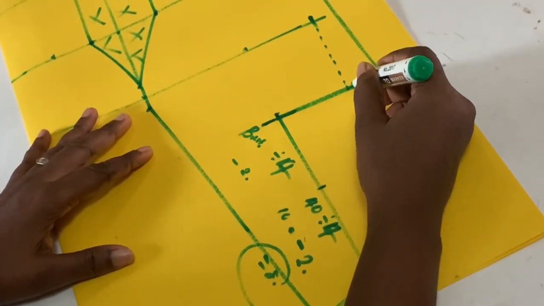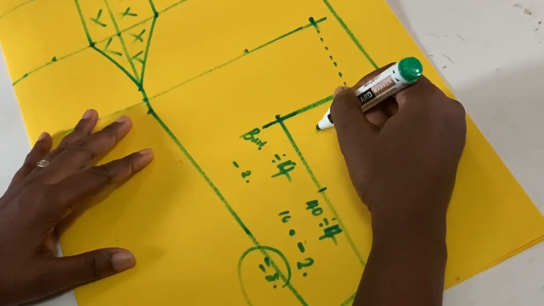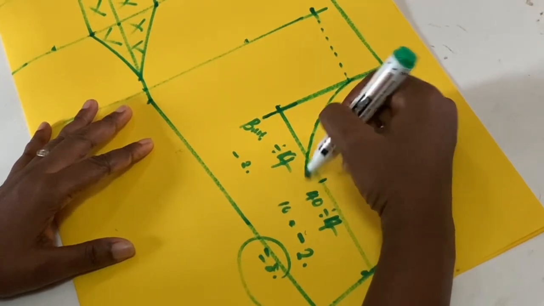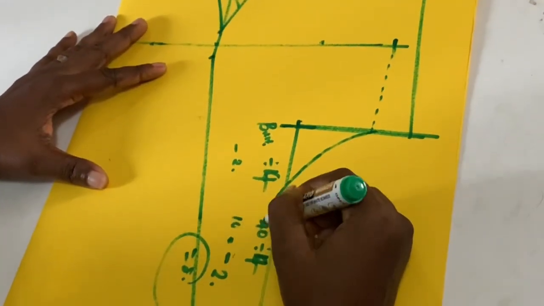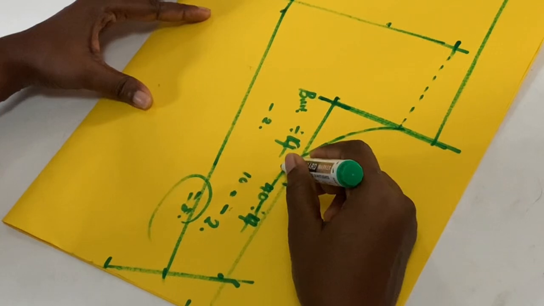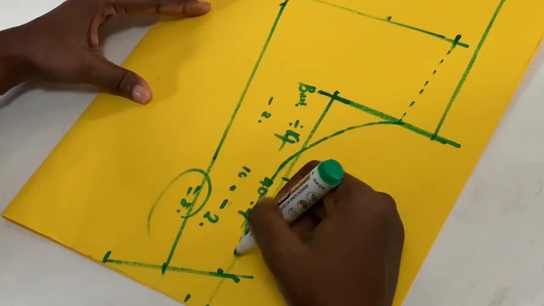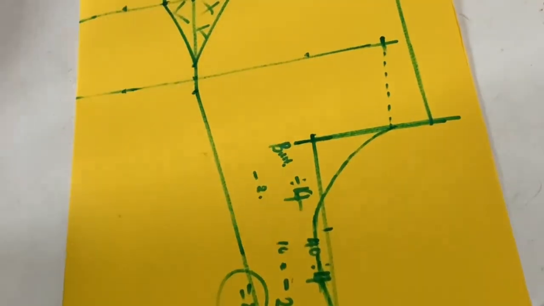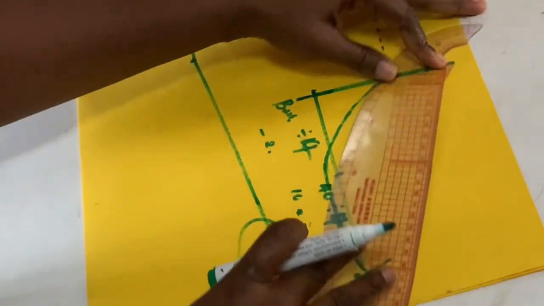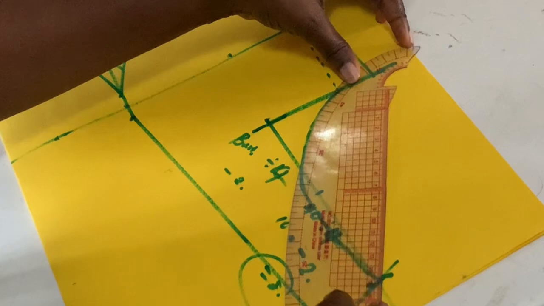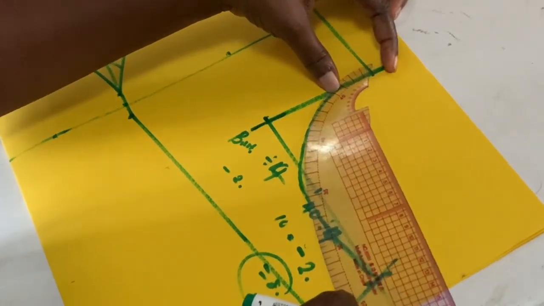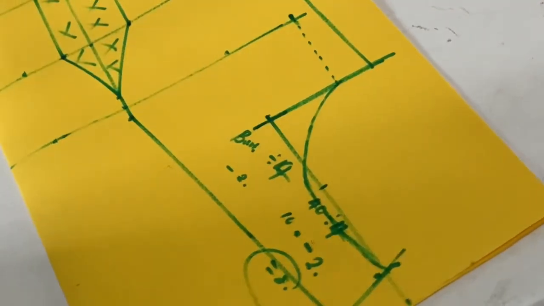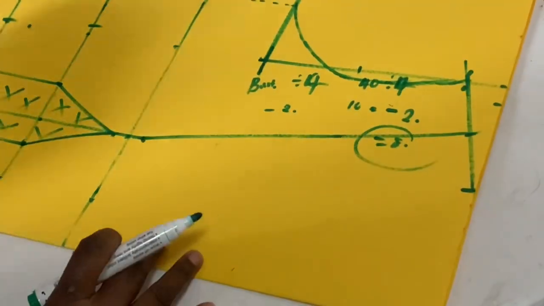You can use your finger or your ruler, whichever is more convenient to you. If you are a beginner, just use your curve ruler. You can see it's meeting to this side. Curve it and curve it. So we've achieved our neck.